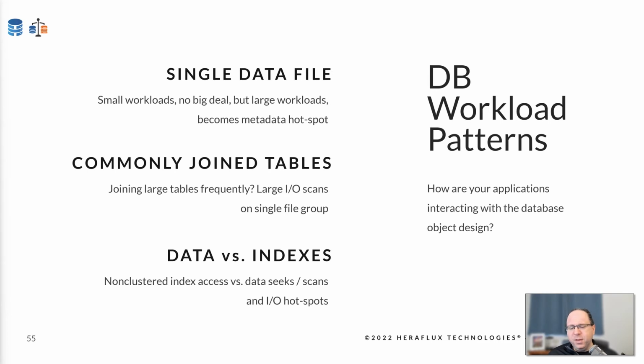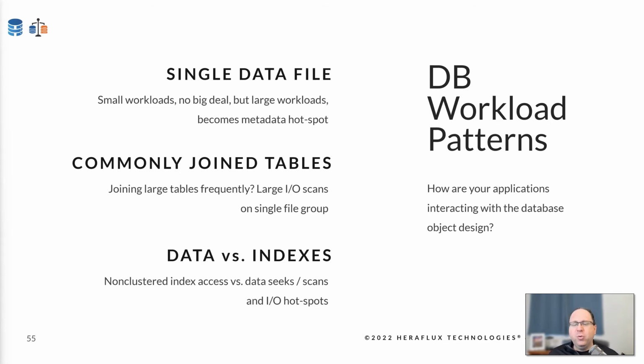But if this database gets larger and larger over time, the metadata management for all of that data becomes a hotspot. You can start to see PFS or SGAM contention, and that concentration of I/O into a single file can start to slow you down. So what's the workload actually doing? We can have commonly joined tables, things like order history and inventory data, or people and addresses.